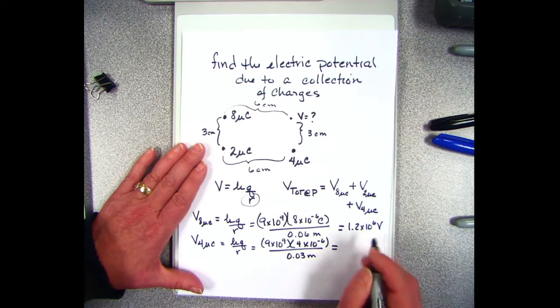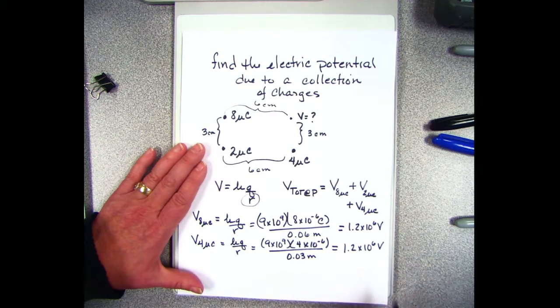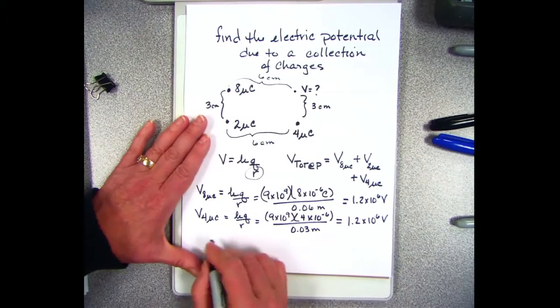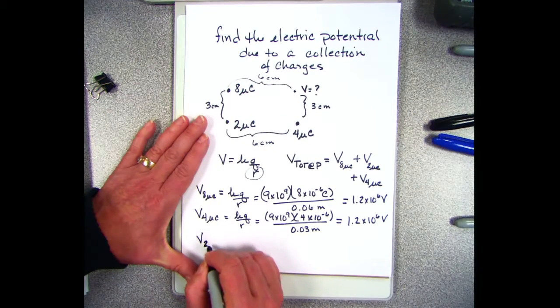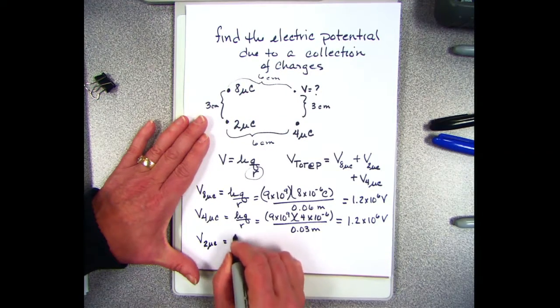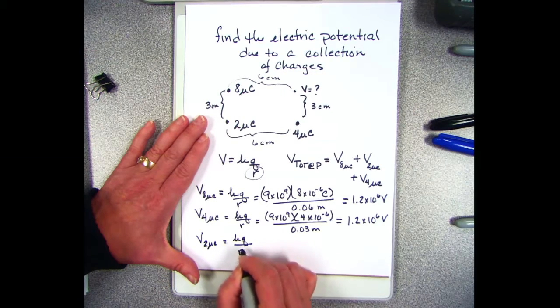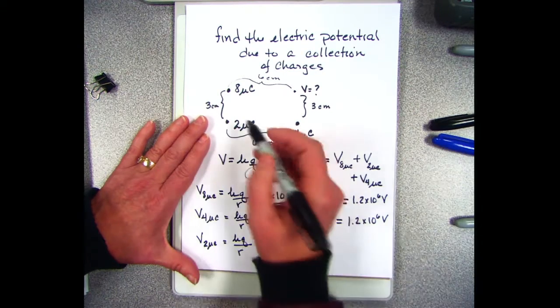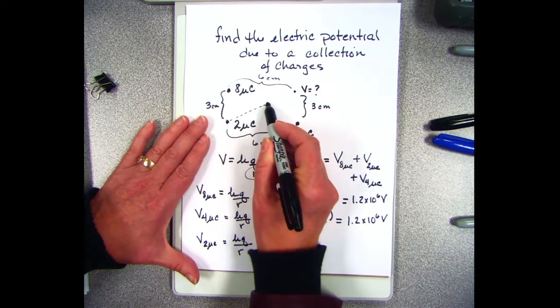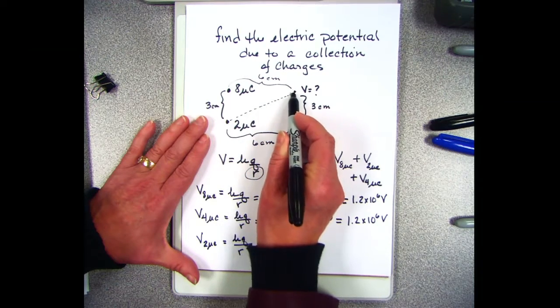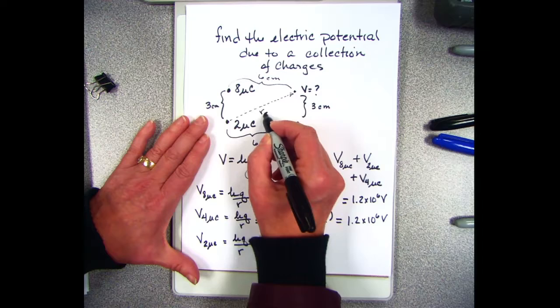The trick comes on the next one, 2 microcoulombs. Still have to do kQ over r, but I have to know what that r is, and that r is this right here. So this is the r for the 2 microcoulombs, and I can solve for that. I'm going to ask if you could slow down this time. Okay.